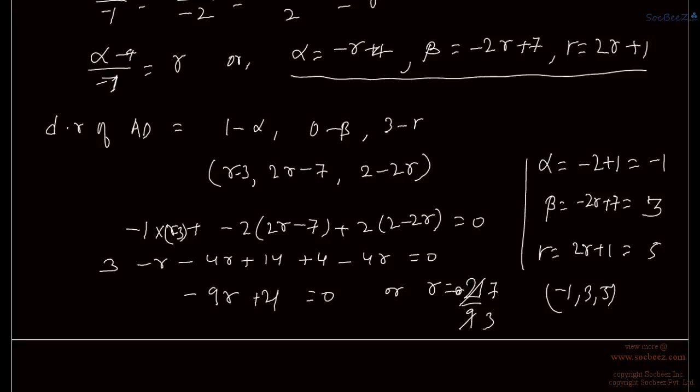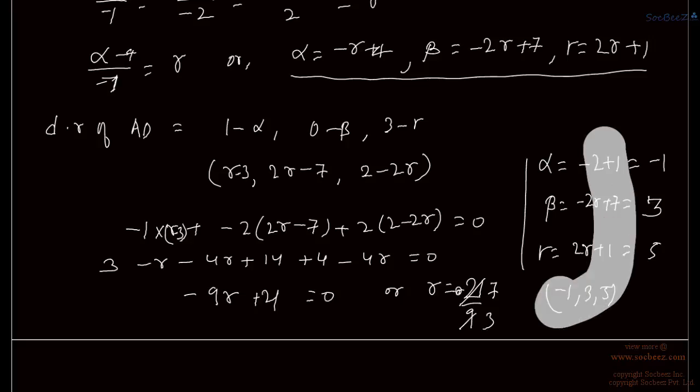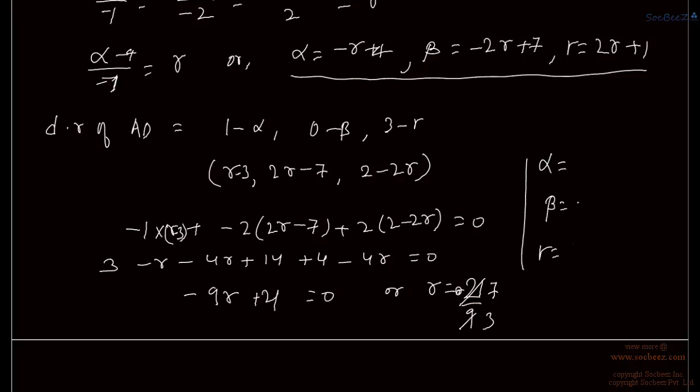So we have alpha, beta, gamma. Alpha is minus r plus 4, that is 7 by 3 plus 4, which is equal to 12 by 3 minus 1 by 3, which is equal to 5 by 3. Beta is equal to minus 2r plus 7, minus 2r, 14 by 3 plus 7, 21 by 3, which is equal to 7 by 3.